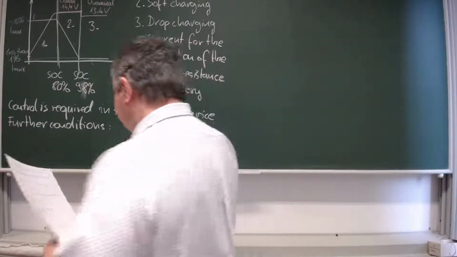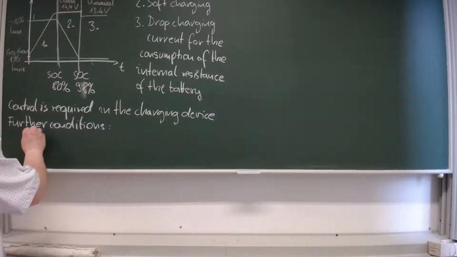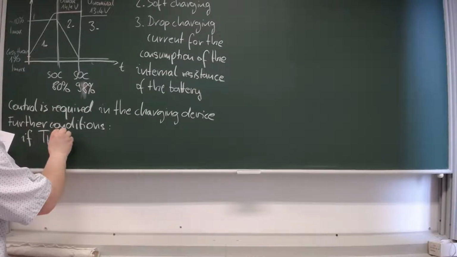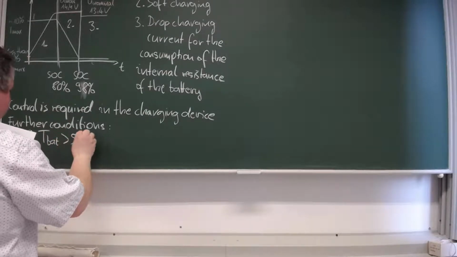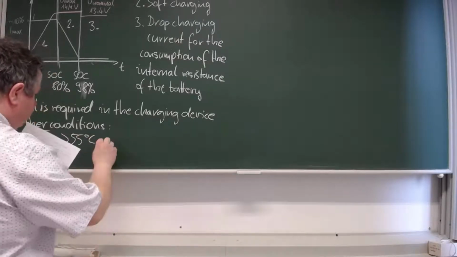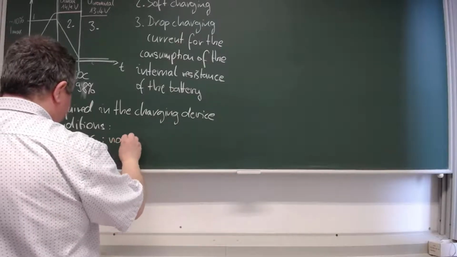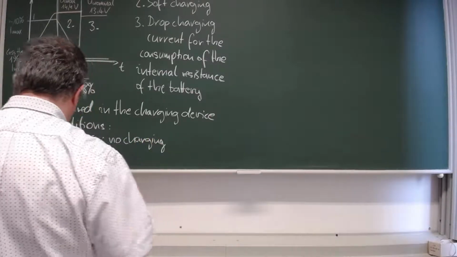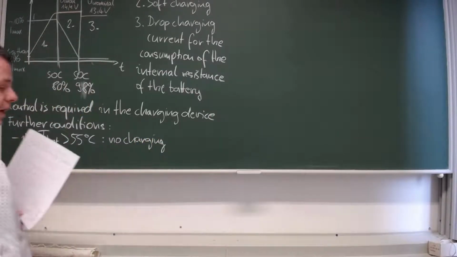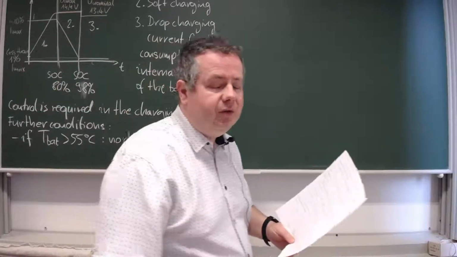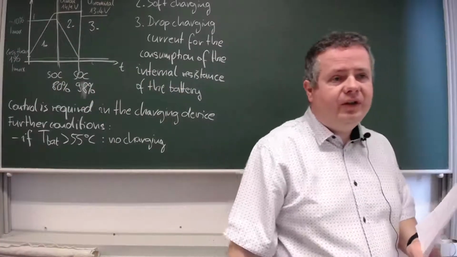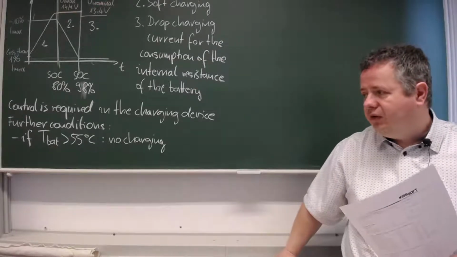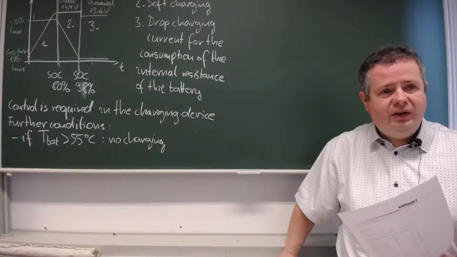Usually we say if temperature battery is higher than 55 degrees Celsius, then no charging. So this is the overall temperature. Because of the internal resistance, the battery cells are heating up during charging, and if they are too hot, then we stop the charging and wait till they cool down.